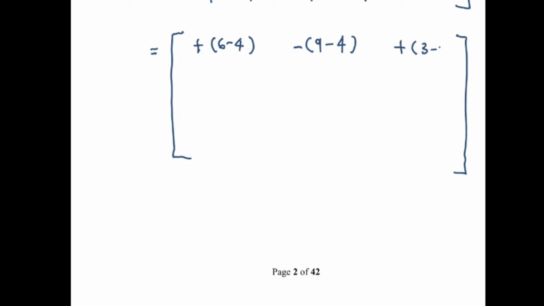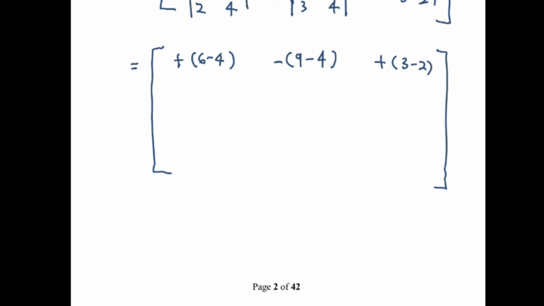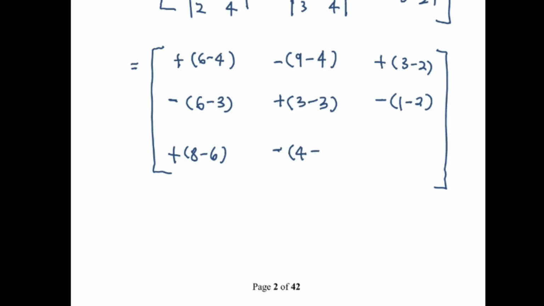Here, positive 3 minus 2. For the second row, negative 6 minus 3. Positive 3 minus 3. Negative 1 minus 2. Okay. And then for the last row, positive 8 minus 6. Negative 4 minus 9. And then plus 2 minus 6.